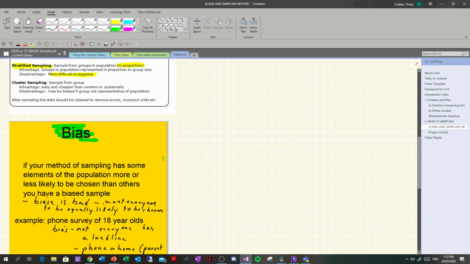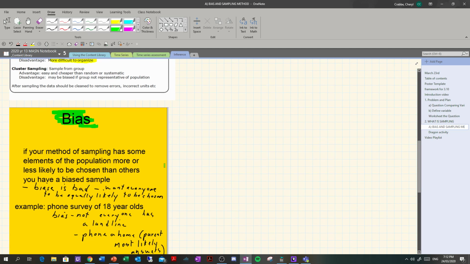We're only sampling and surveying girls, and then we're saying, well, this is what's going on back in the population of year 13s, and it's not accurate because it doesn't represent the entire population, and because boys have not had an equal likely chance of being chosen to be in that survey. So you have bias. Bias is bad. You want everyone to be equally likely to be chosen in your sample, and you want your sample to be representative of what's going on in the population.